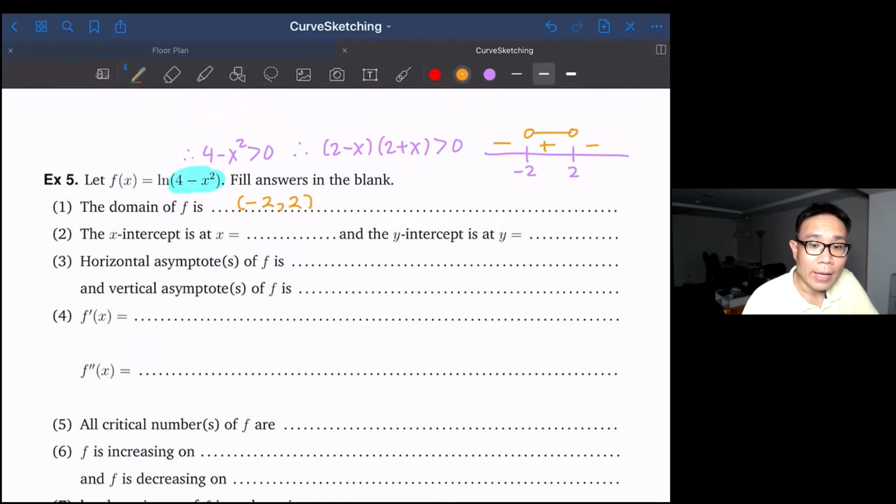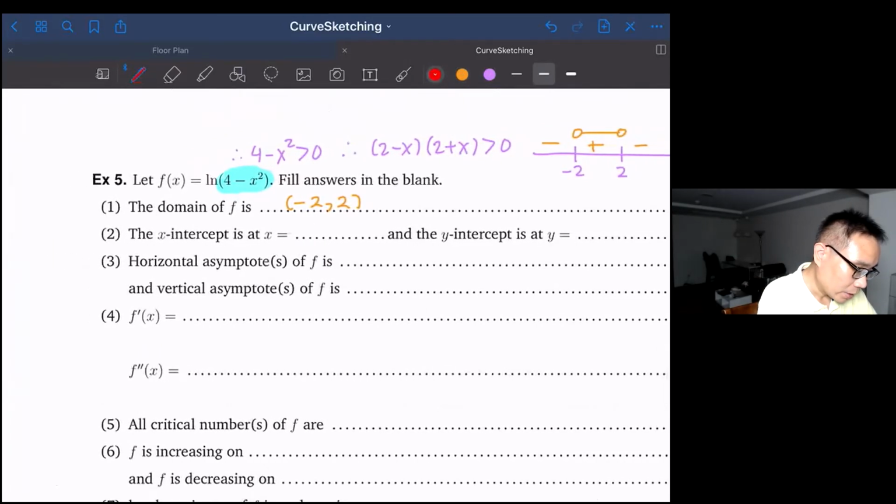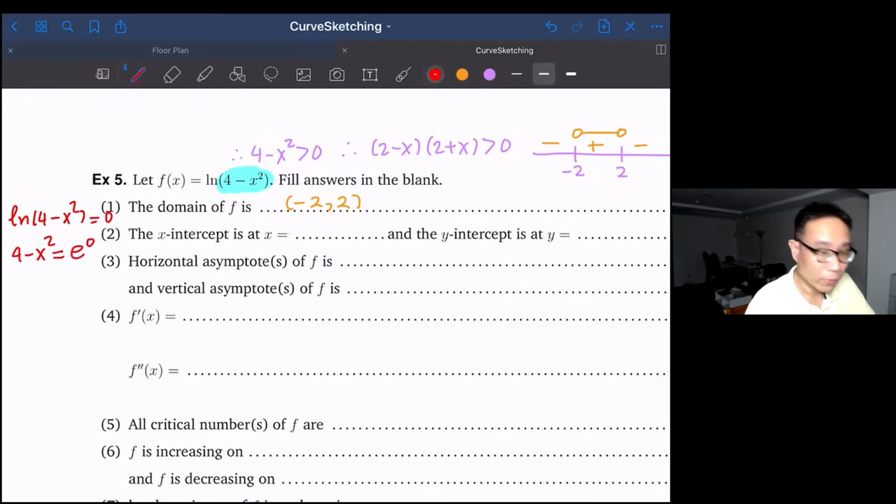Okay, and for the x-intercept, you set f(x) equal to 0. So log of 4 minus x squared equals 0. So you get 4 minus x squared equal to e to the 0. So you get x squared equal to 3 because e to the 0 equals 1.